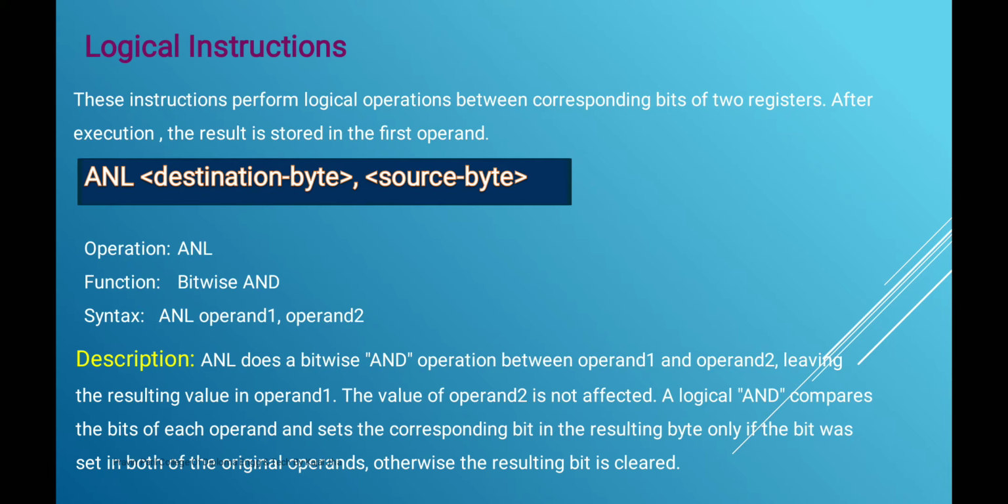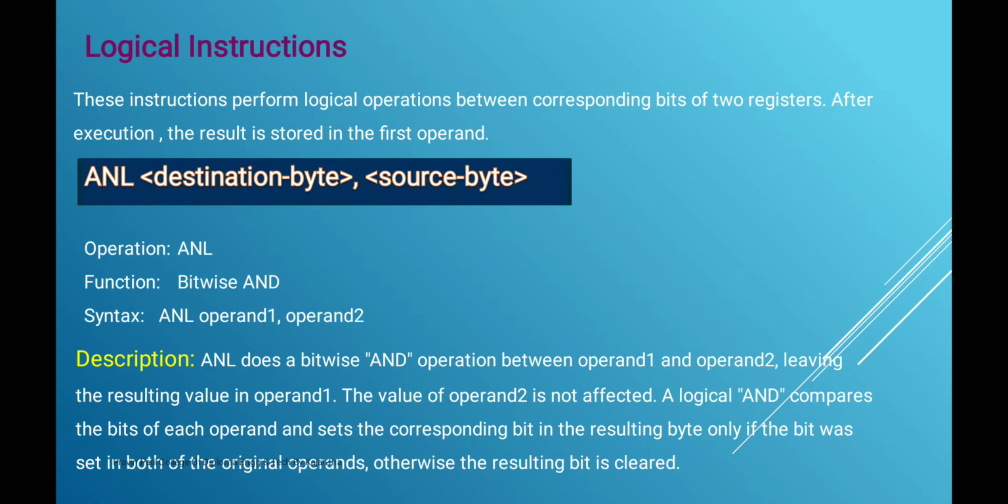So the ANL operation performs the AND operation between the source byte and destination byte. The value of the source byte is not affected here. After execution of the ANL instruction, no flags are affected, and the two operands can be specified using the combination of the 6 addressing modes.